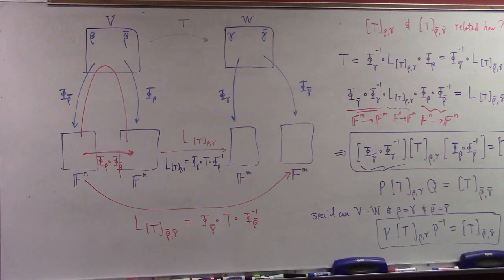In the relation P T Q equals T like that, that's not a similarity transformation. That's something else. All right. So now both P and Q are invertible. So it's not nothing.